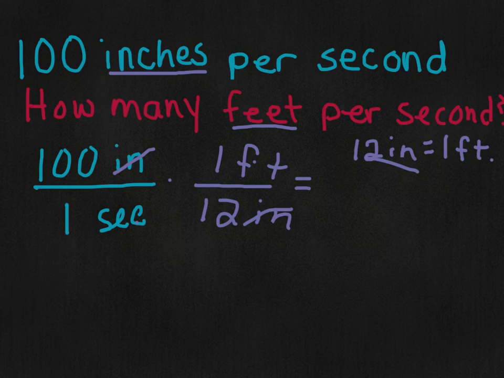So when we multiply 100 times 1, we get 100 feet in 12 seconds. Now this one is going to have us doing some more math because we want to know how many feet per second this is. And right now we know there's 100 feet in 12 seconds. So we're going to need to divide by 12 to get the unit rate.